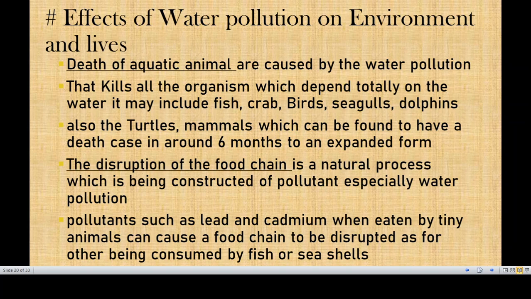For example, consider that a fish is completely depending on the water body, like the flora and fauna of the aquatic system. This fish will take in the food material present in the water body. If this food material is polluted with harmful chemicals or metals, it will directly pass into the fish.